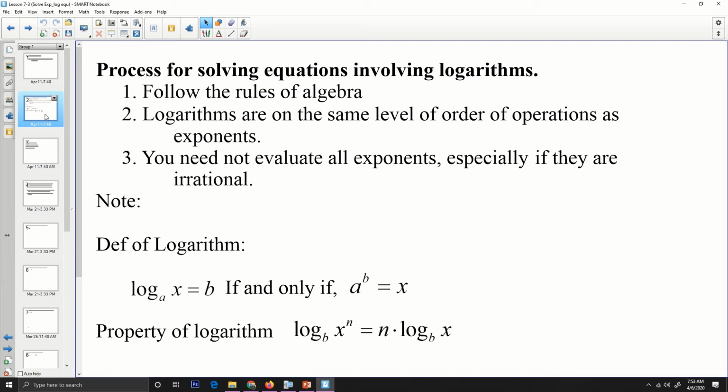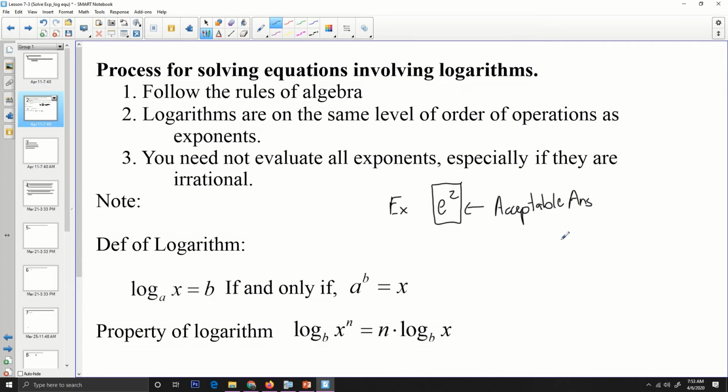And you also need not evaluate all the exponents if they are irrational. And just as a quick example here, e squared is a perfectly acceptable answer. All right. Please keep in mind the definition of logarithm.